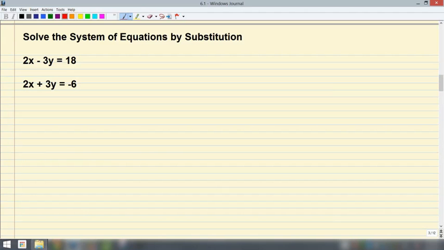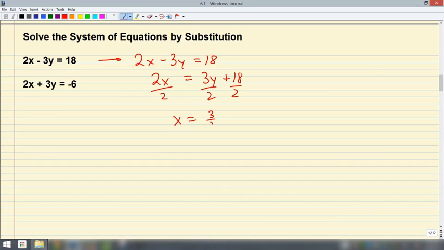So let's start with the first equation. This is 2x minus 3y equals 18. Flip a coin. What variable do you want to solve for? X. Okay. So we're going to say 2x equals 3y plus 18. Divide everything by 2. And we'll get x equals 3 halves times y plus 9. So that's what x is equal to from the first equation.